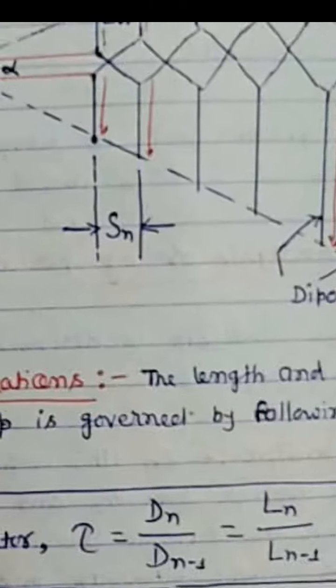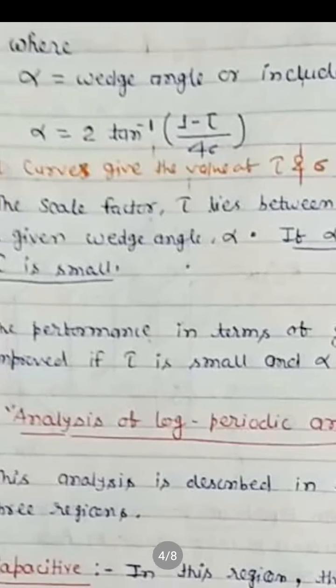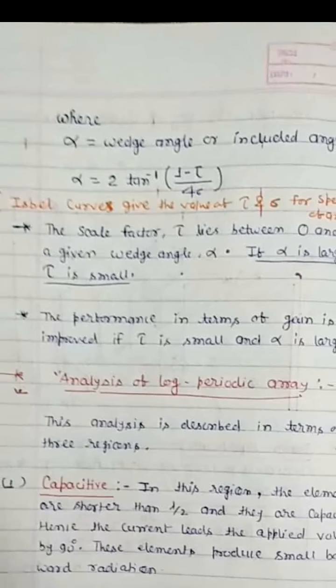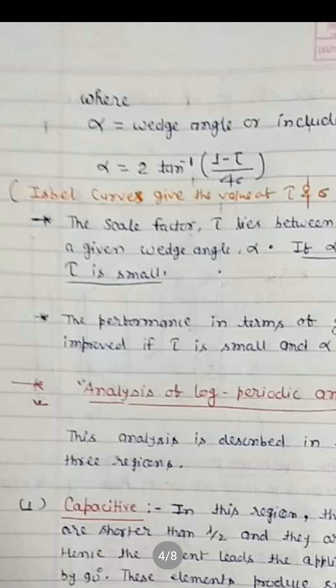Here you can see one angle, denoted by alpha. This alpha is known as the phase angle or included angle, and alpha equals 2 tan inverse of (1 minus tau) by 4 sigma. The values of tau and sigma can be found from the Bell curve for a specified gain of the antenna.